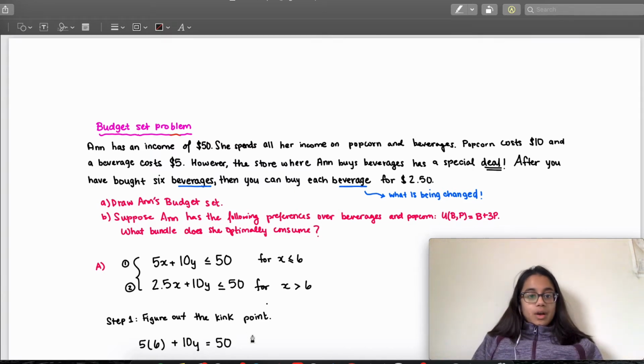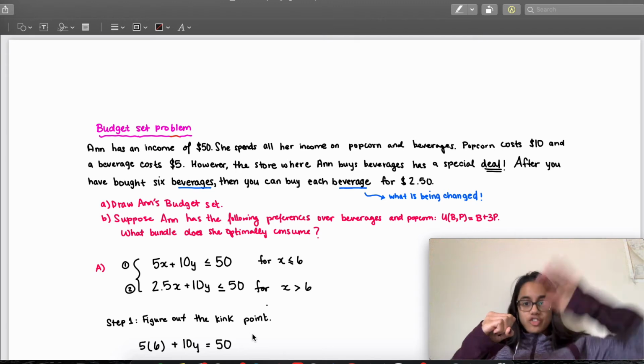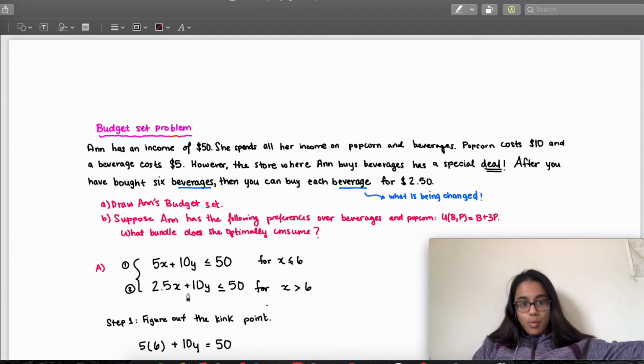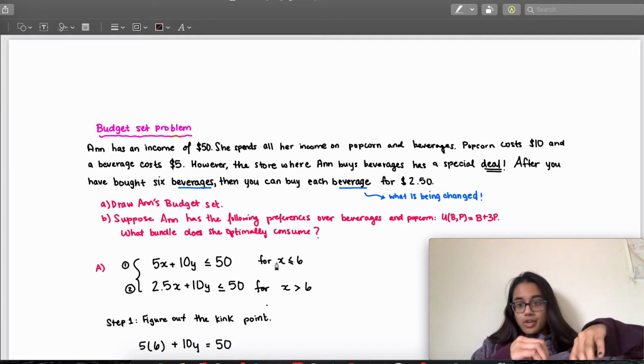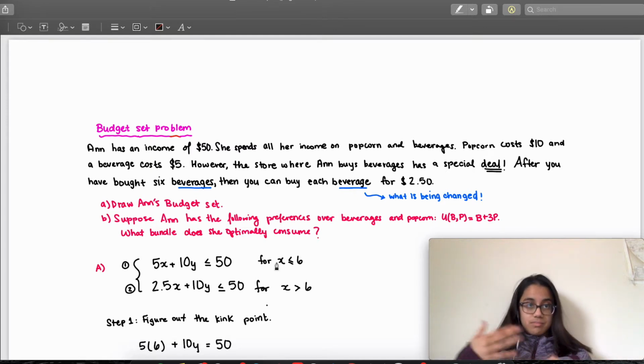The first thing I like to do is figure out our kink point. The kink point is the point at which the slope does not really exist, because you're changing the slope: one equation has one slope, and another equation has a different one. Maybe you figured out in previous calc courses that kink points do not have a derivative because the slope is undefined at that point.